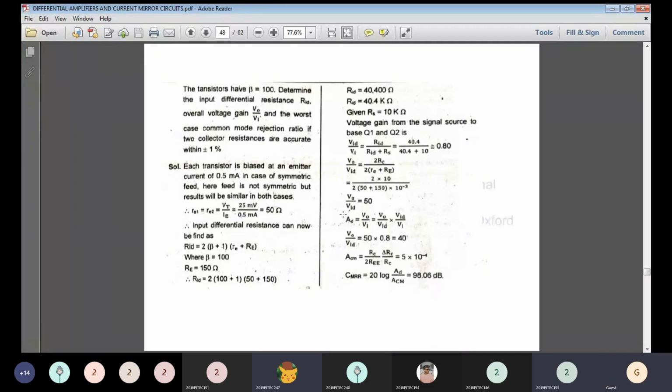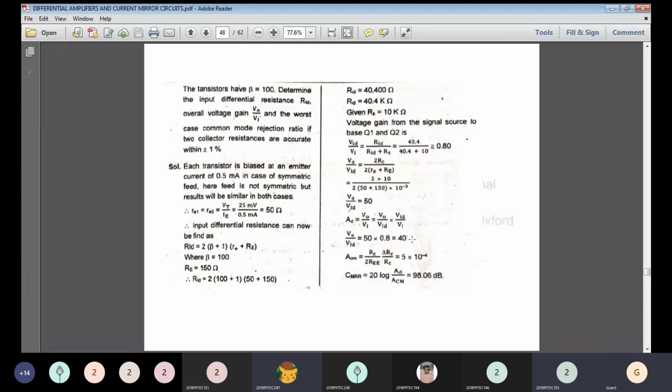So AD is output divided by input, but we have a value of V0 divided by VID, so multiply and divide this value with VID here. So 50 times 0.8, the multiplied value is 40.